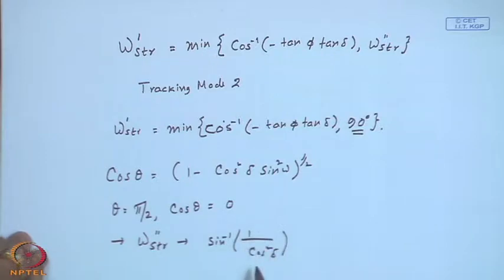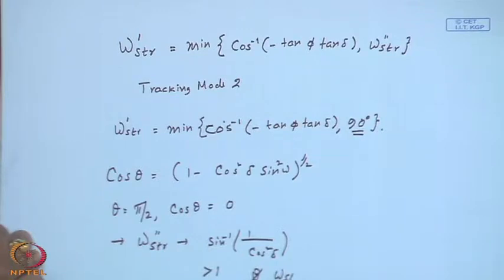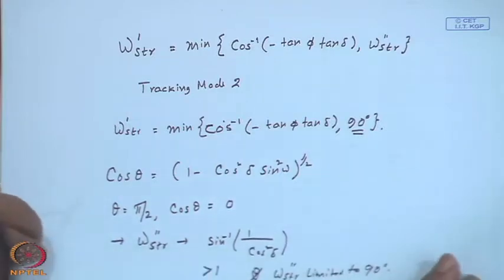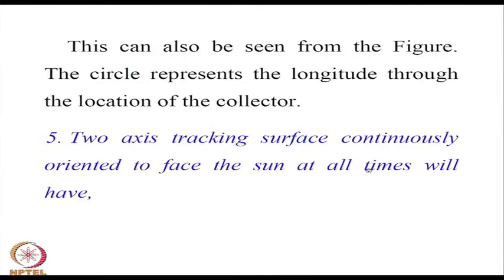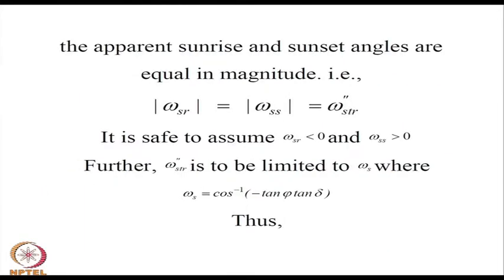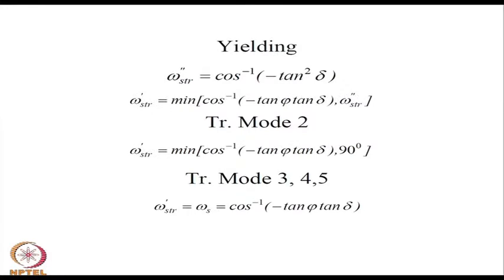So, sin inverse of 1 by cos squared delta. This is going to be greater than 1. So, omega S TR double prime will be limited to 90 degrees. The logic being it will pass through 90 and beyond that there is no solar radiation received by the tracking mode 2. Let us get back to our other things. Tracking mode 2 is over.